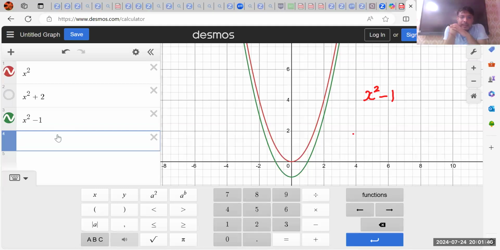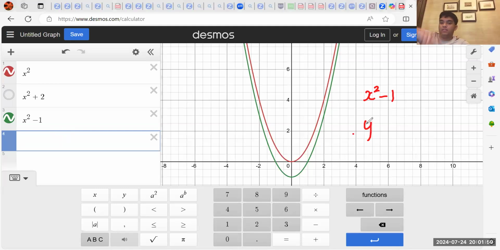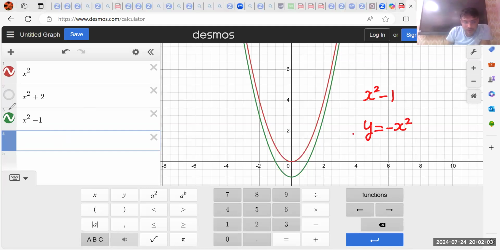So then how will the graph of minus x square be? No, sir, it will be upside down, right? It will be upside down. Correct. Who gave the answer? It's Ursa. Okay, it will be upside down. Let's see.